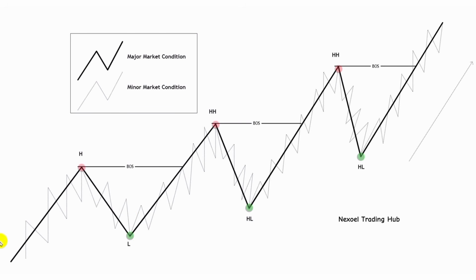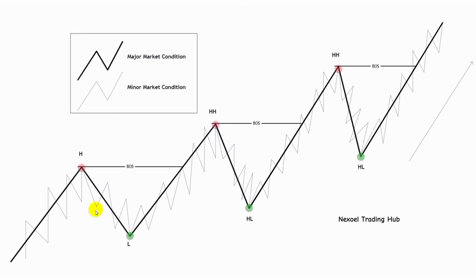Now in the impulsive leg move, you definitely know that it is a bullish move, and its lower time frame market structure is also bullish. In the corrective leg move, which is a bearish market condition, the lower time frame gives a series of lower highs, lower lows, lower highs, lower lows.